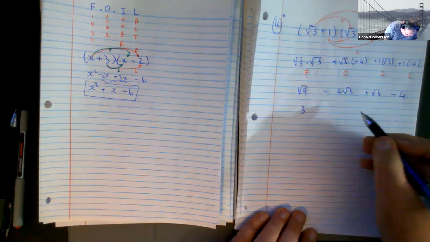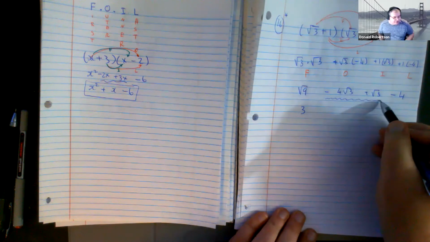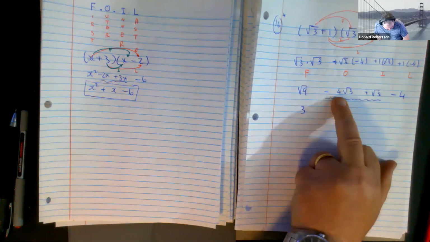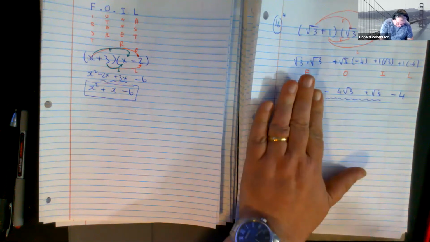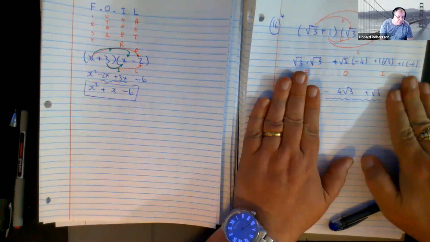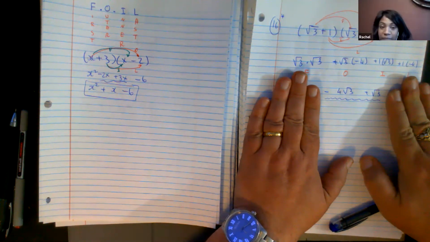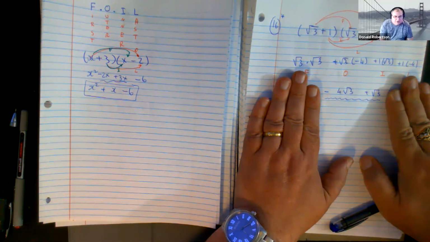Would you agree that these two guys in the middle are like terms, so you can collect like terms together? So what do I have? I have negative 4 square root of 3's plus 1 square root of 3. So how many square root of 3's do you get when you combine these like terms? Two of them. Well, you get negative 4 of them, and then you're adding just 1 of them. So what would you get?